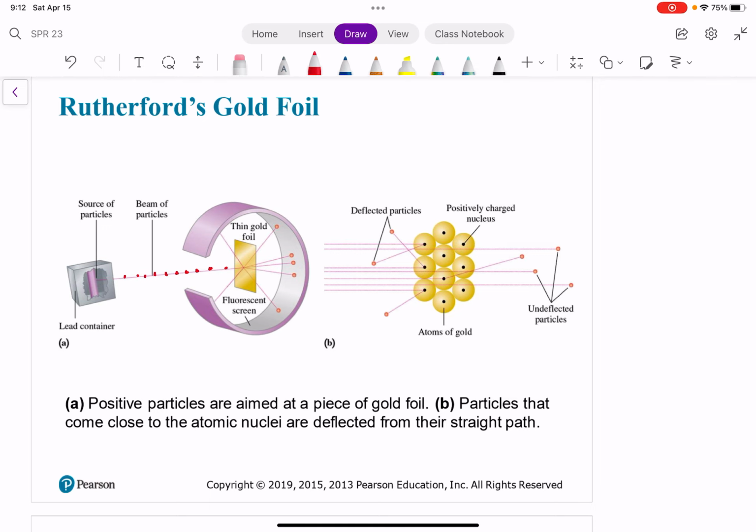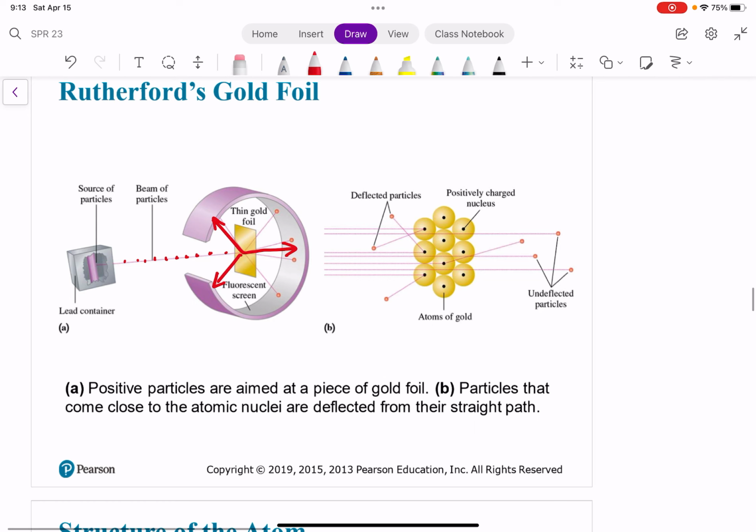So he sent those towards a thin gold foil. What he found was that these particles, which were positive, were getting deflected, some of them. They were bouncing back away from the gold foil. But what he had originally predicted was that they would go through the gold foil. Some of them did, but a lot less than he thought.